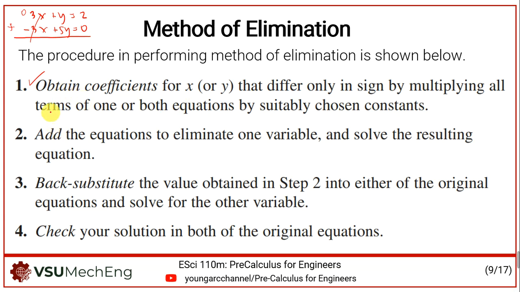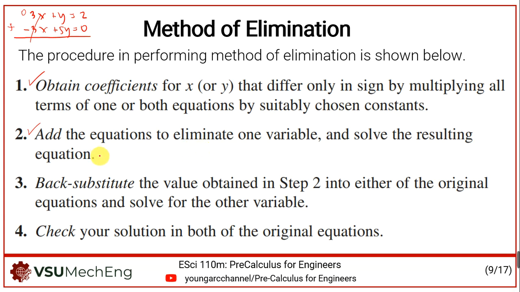Now, once you come up with that condition, the second step, just like this one, now we have 3x and negative 3x. Once you have this, after you multiply some number, the second step is to add the equations to eliminate one variable and then solve the resulting equation.